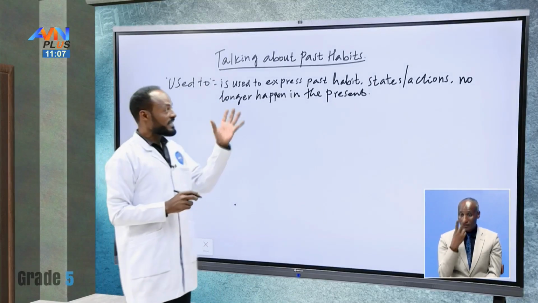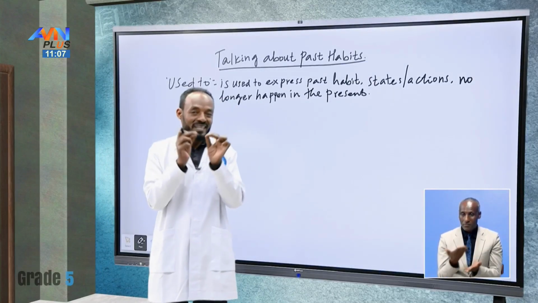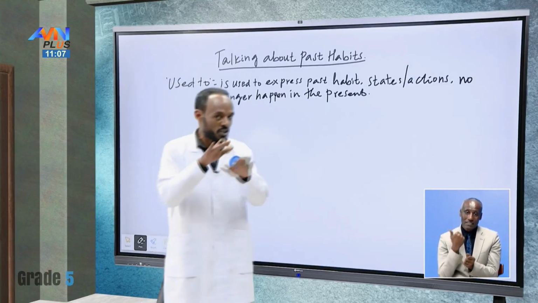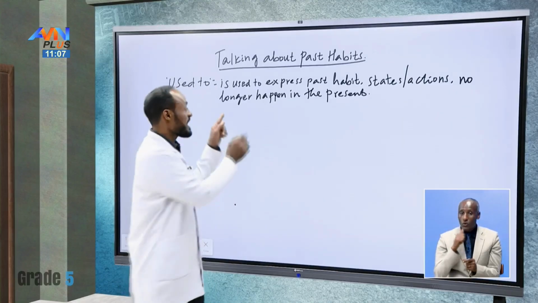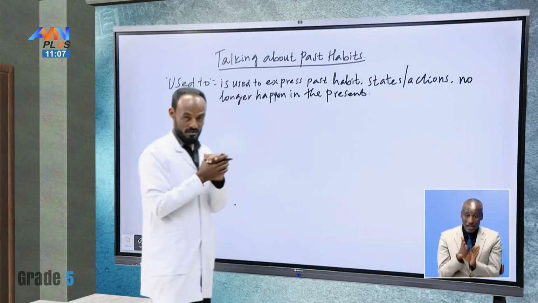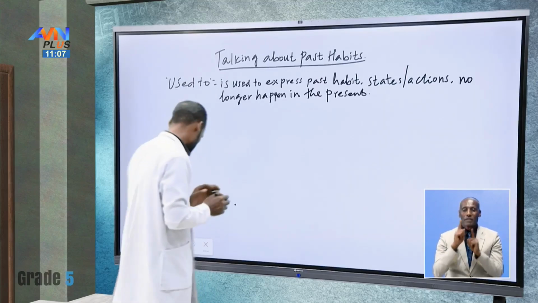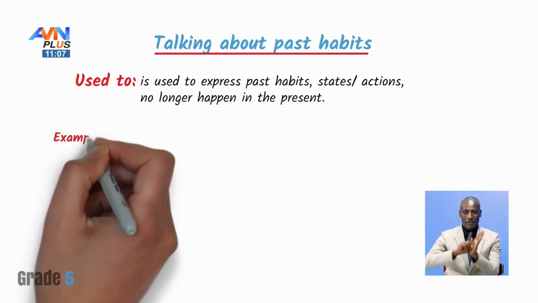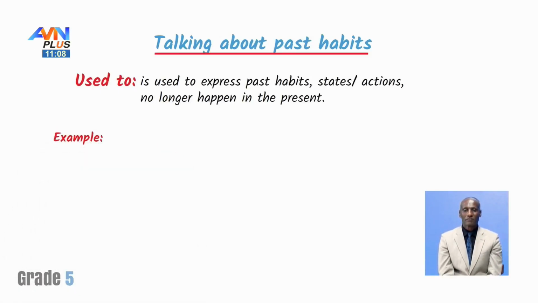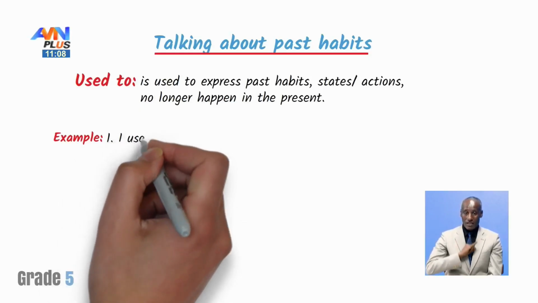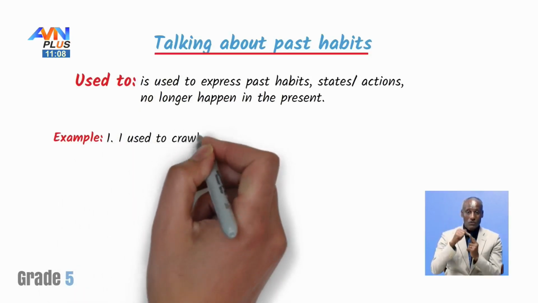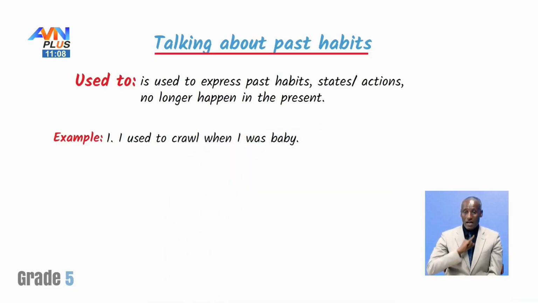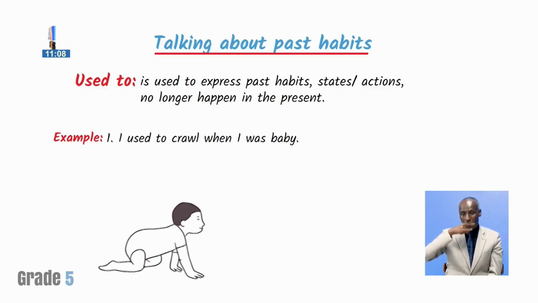This means something directly related to the past, but there is no result at the time of speaking because it no longer happens in the present. Is it clear? For example, example 1, I used to crawl when I was a baby.